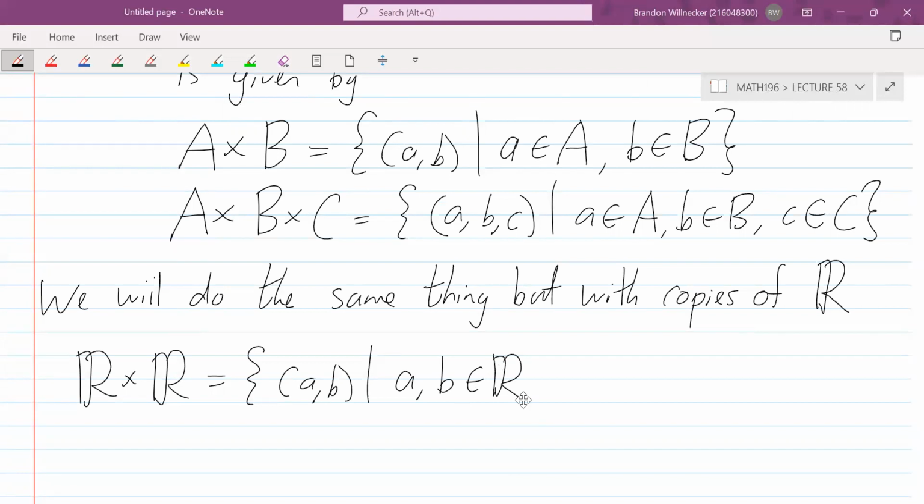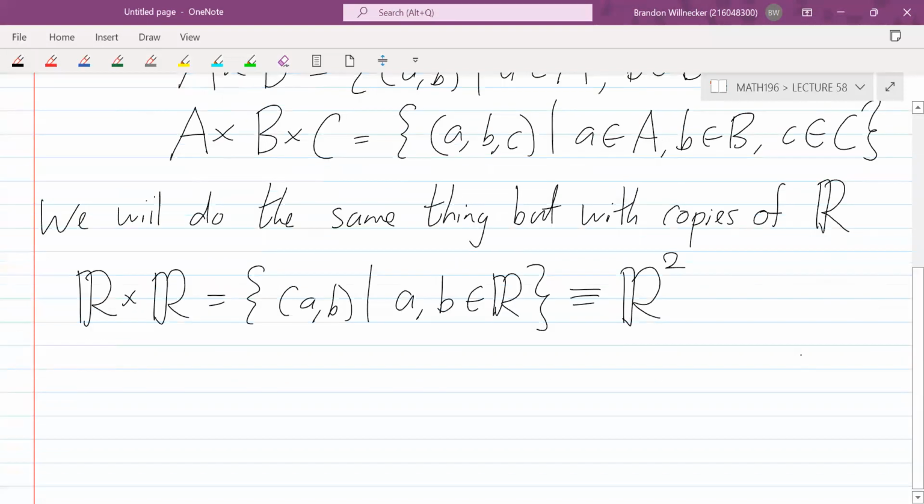Okay, because it's identical copies for both sets. Now just a little bit of notation. Since we've got two copies of R in this Cartesian product, we can think of this as R squared, R2, because there's two of them. But that's just notation.